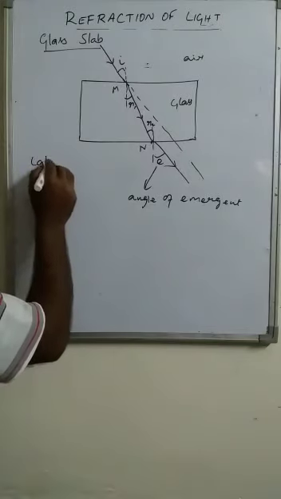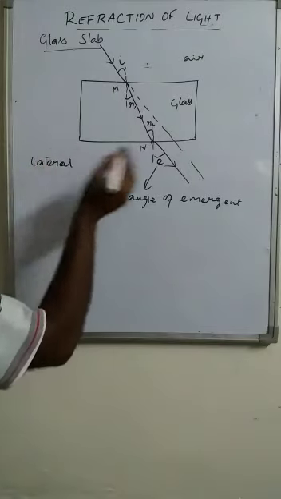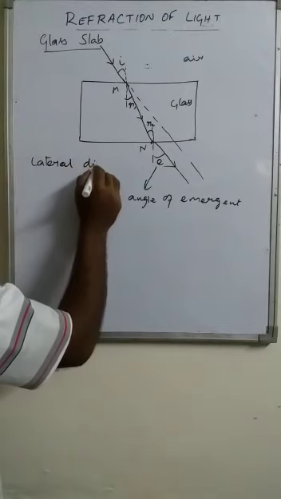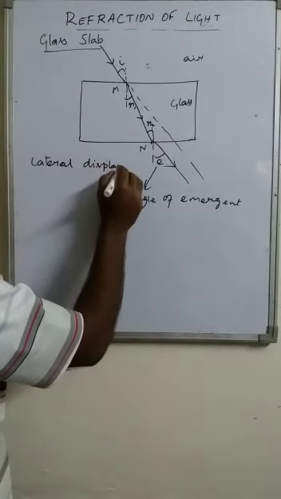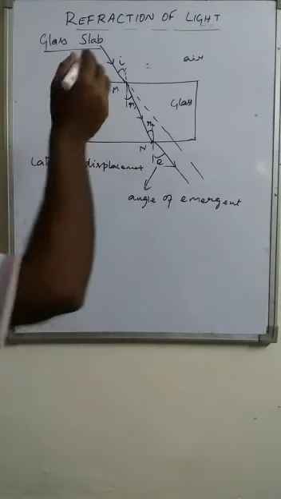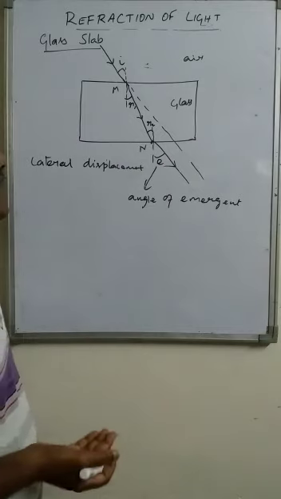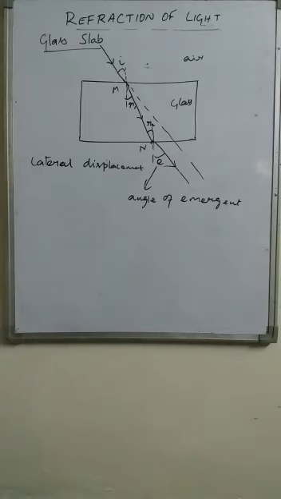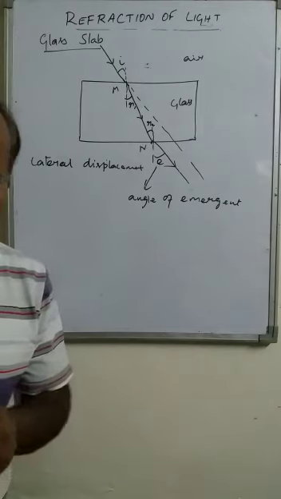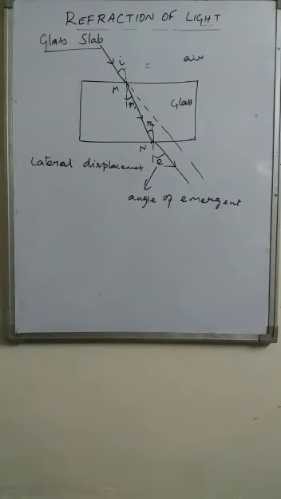The light ray is displaced sideways, that we call lateral displacement. It is laterally displaced from its path. This is the refraction of light through a glass slab. Next thing we will discuss in the next class.